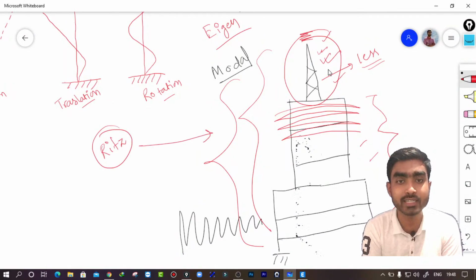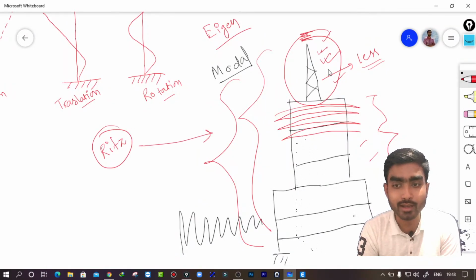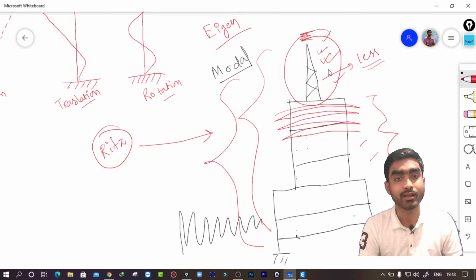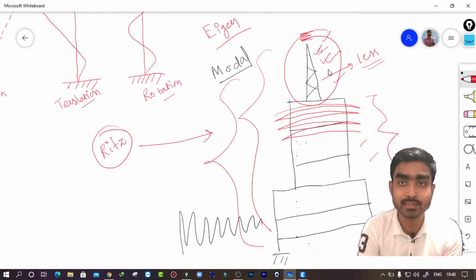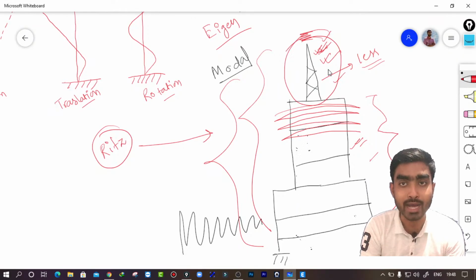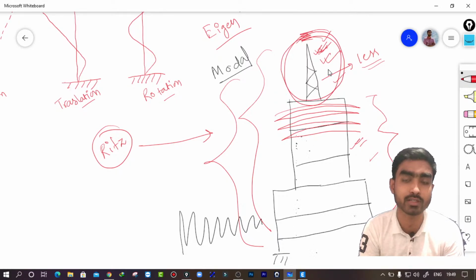What Ritz vector does is calculate the mass matrix of the structure separately, and when it combines the structure, it understands that this part belongs to the structure below, but the mass of this part is not enough to compare with the structure below.